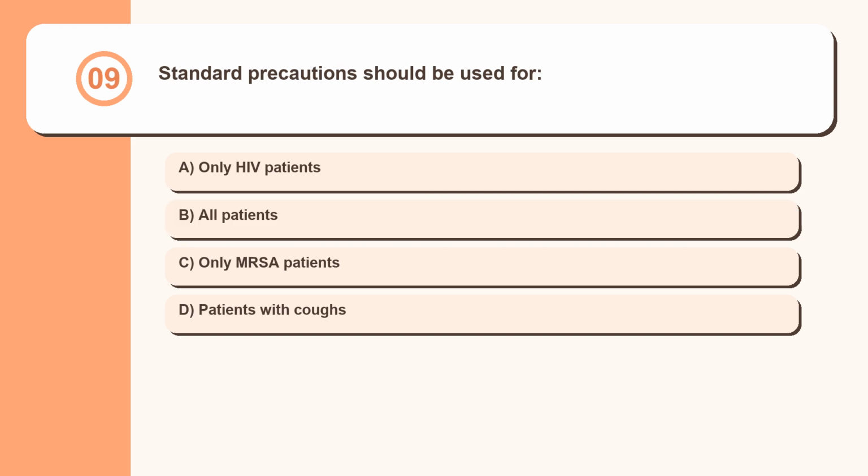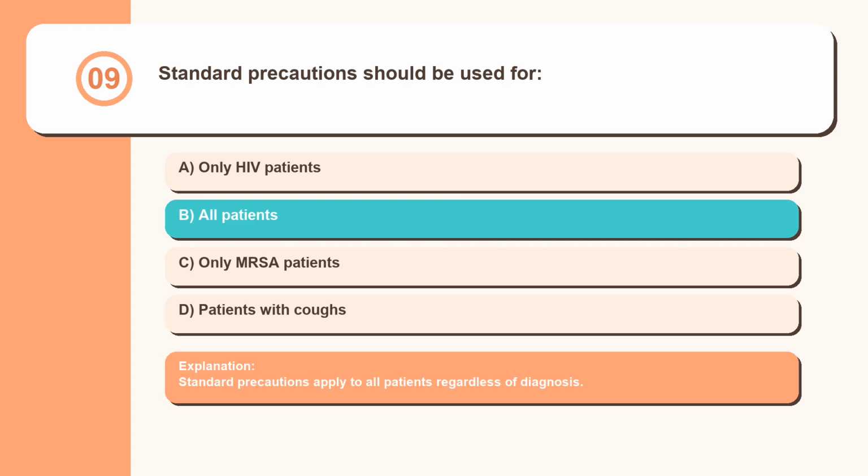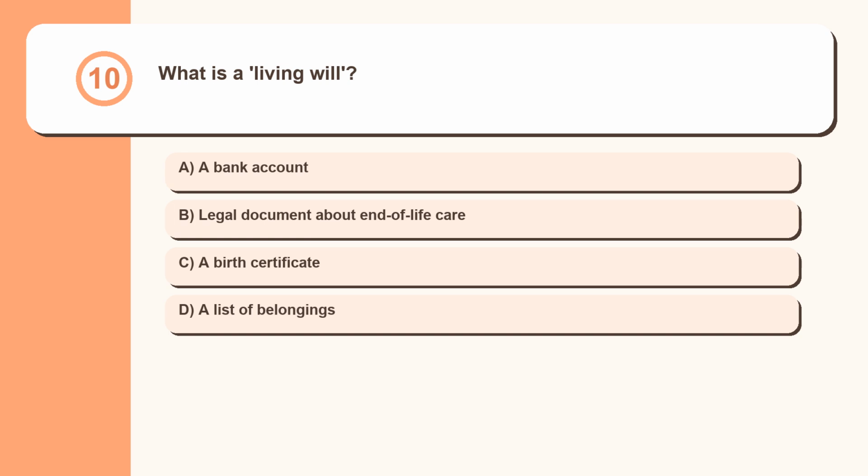Question 9. Standard precautions should be used for only HIV patients, all patients, only MRSA patients, patients with coughs. Standard precautions apply to all patients regardless of diagnosis. Question 10. What is a living will? A bank account. Legal document about end-of-life care.